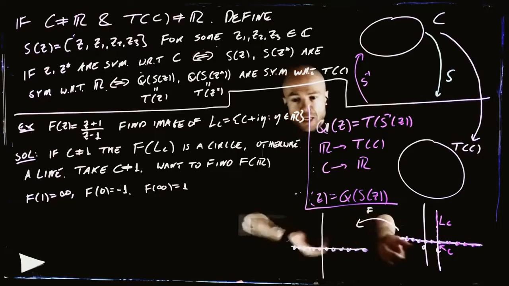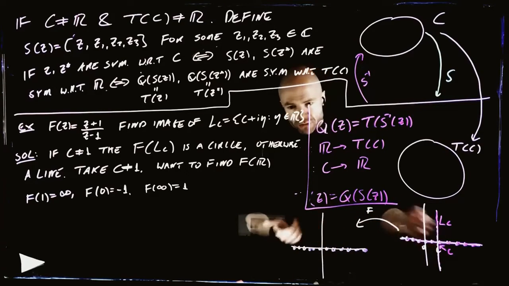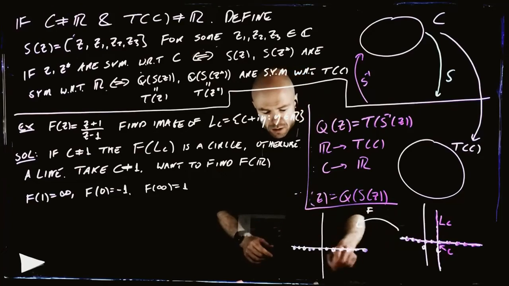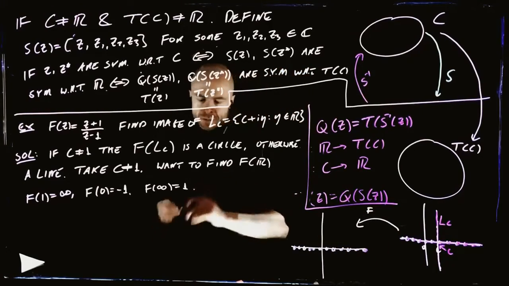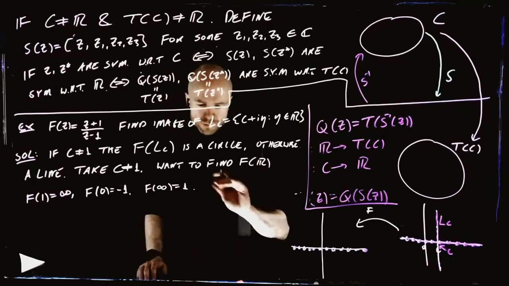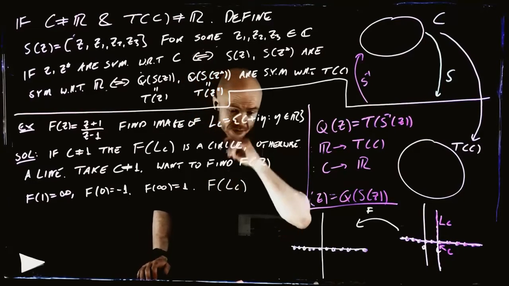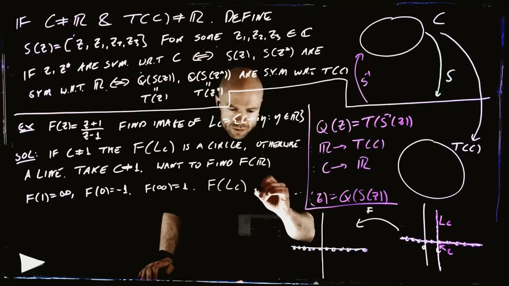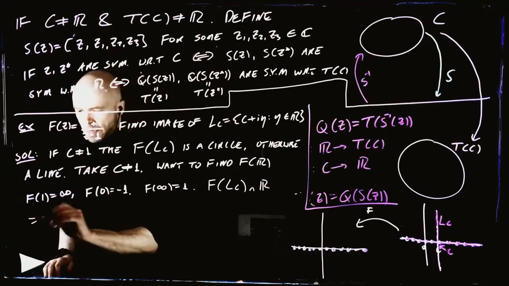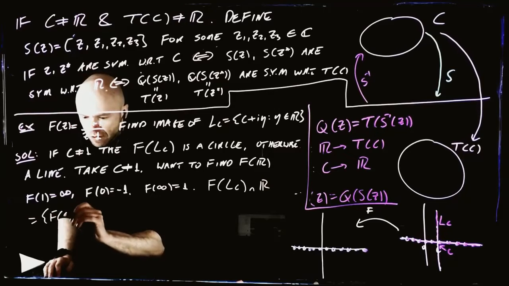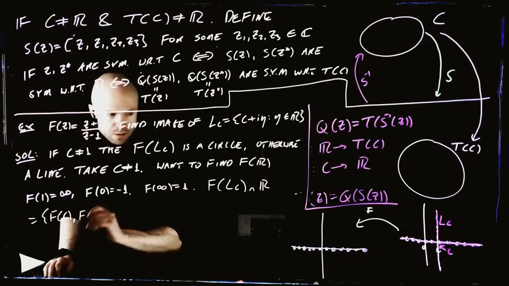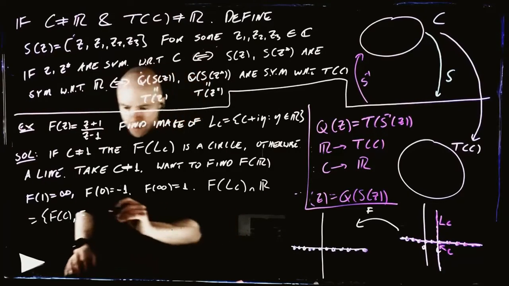One of which will be the image of infinity, and one of which will be the image of C. Yeah. So f of L of C intersects the real line at f of C and f of infinity.